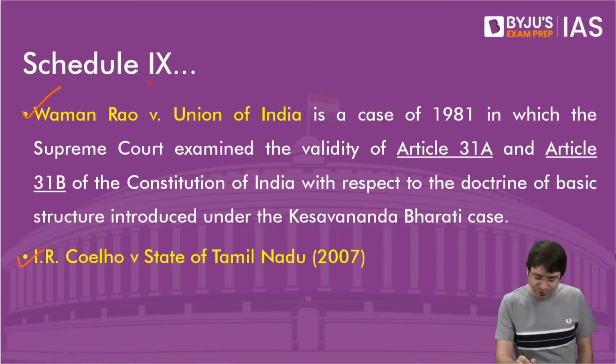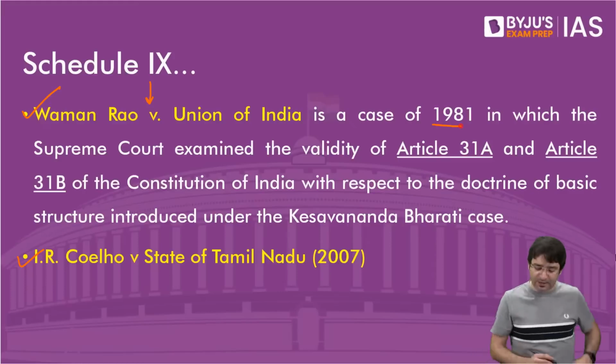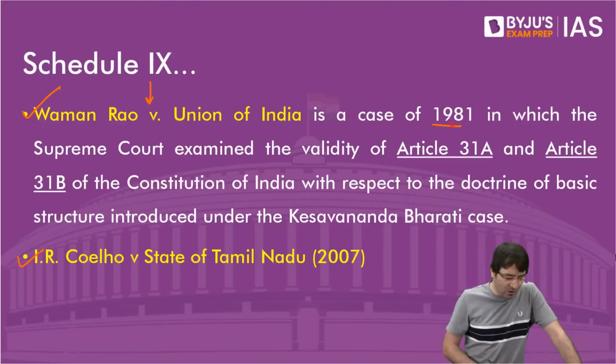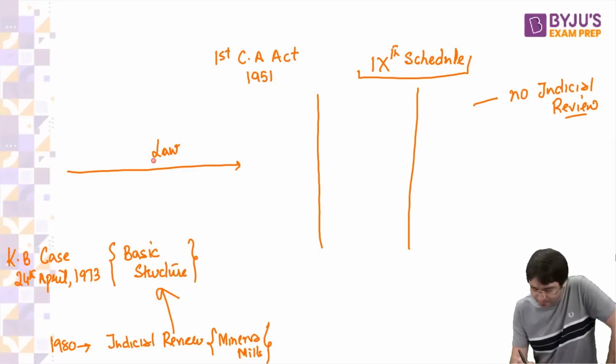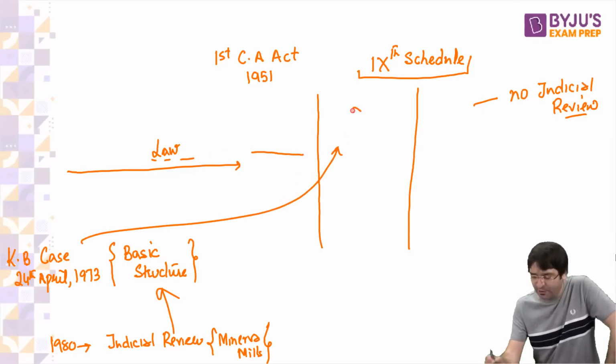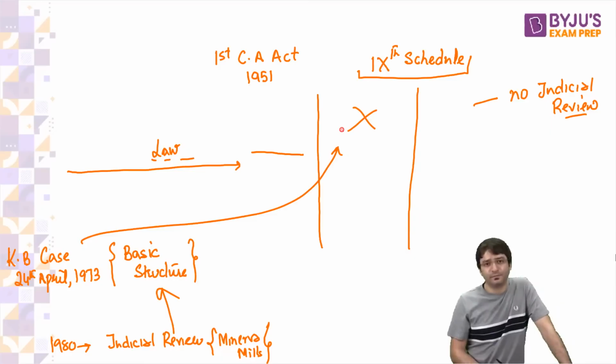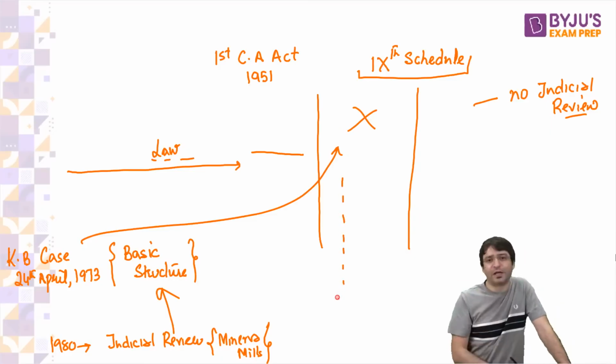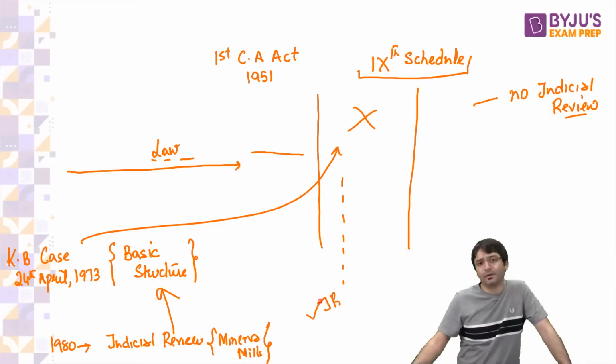In Vaman Rao versus Union of India, 1981, the Supreme Court said all laws placed in the Ninth Schedule before this date, there will be no judicial review. But all laws placed in the Ninth Schedule after 24th April 1973, there will be judicial review. Why?